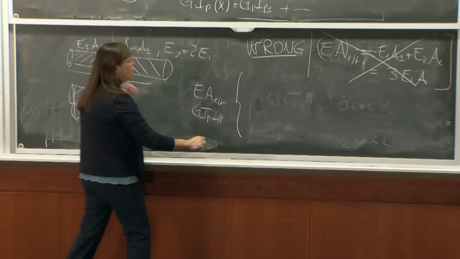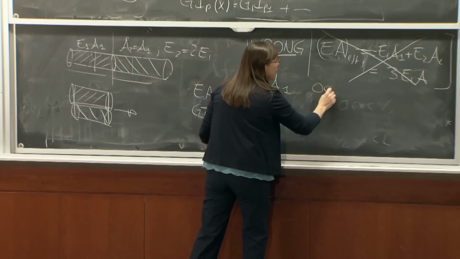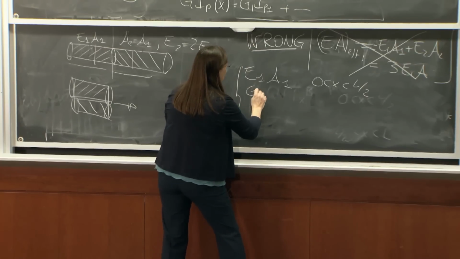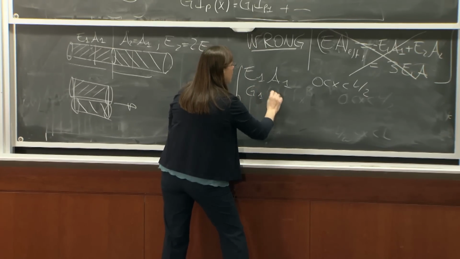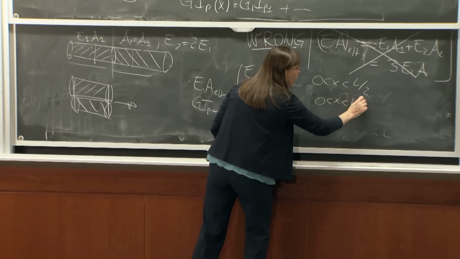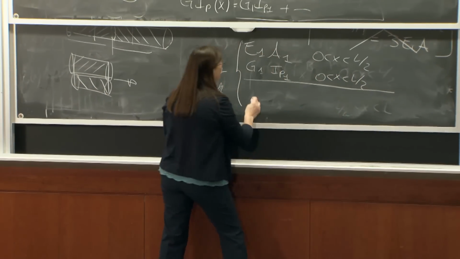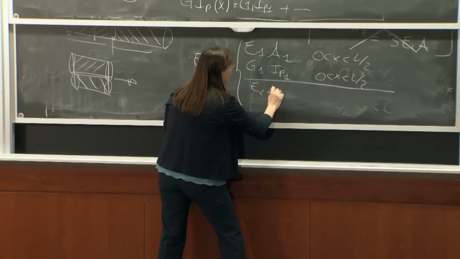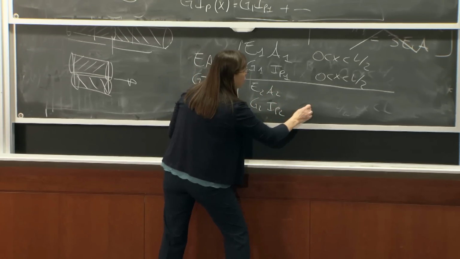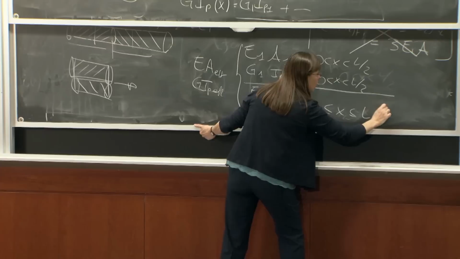So in this part here, there would be E1 A1 for 0 less than x less than L over 2, or there may be G1 IP1 for 0 less than x less than L over 2. And on the other half of the bar, there will be E2 A2 or G2 IP2 for L over 2 less or equal than x less or equal than L. Okay?